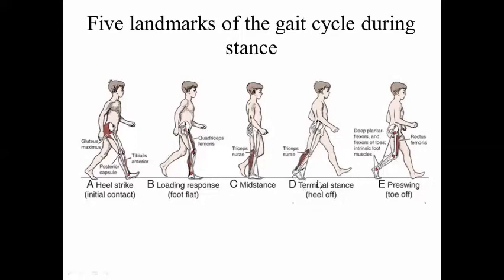It is also known as the terminal stance, as it is the ending of the stance phase. After that, there will be a pre-swing. It is the starting of the swing phase. It is also known as the toe off.